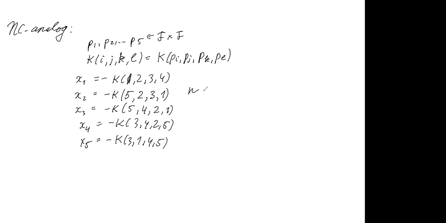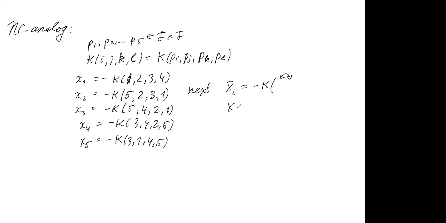Next, we define Xi bar to be equal to minus K. Now here we change the order of the first two coefficients.